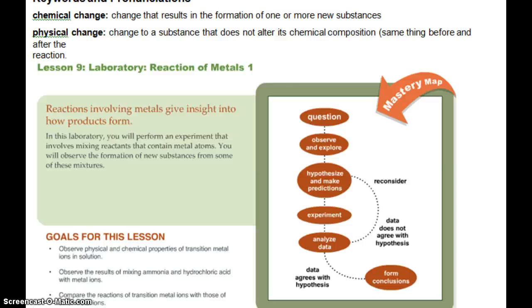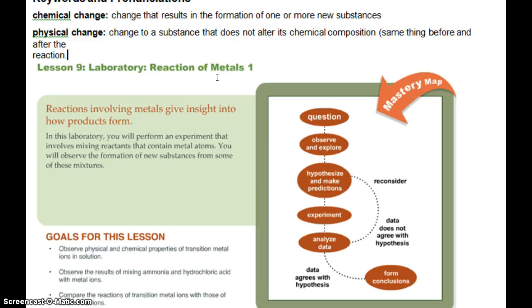That would be a physical change. If you melt ice, when it's ice, it's H2O, and when it's liquid, it's H2O. It's the same substance. It's a physical change. And remember, all phase changes are physical. So boiling, melting, condensing, freezing, those are all physical changes.